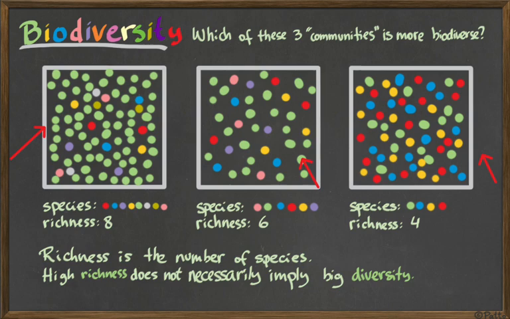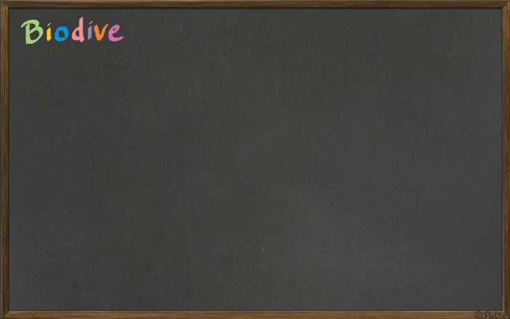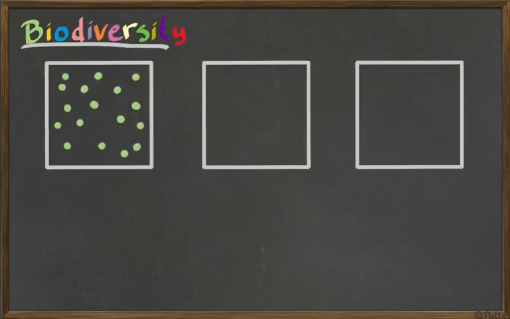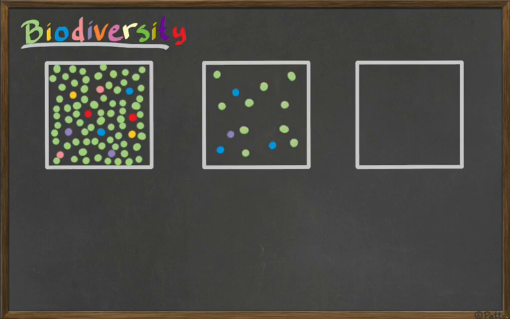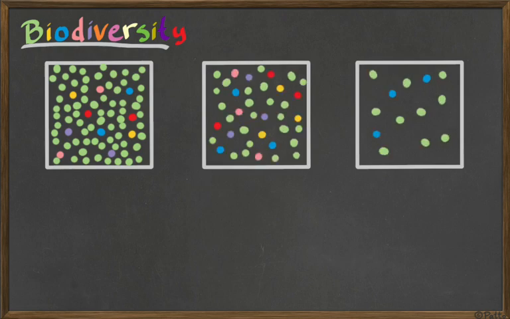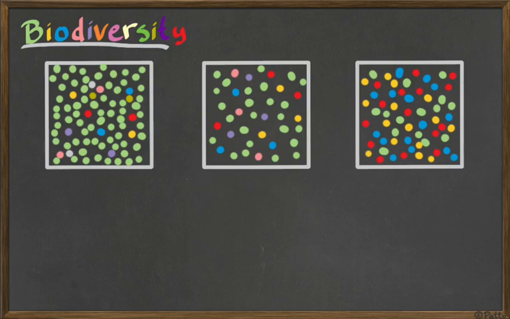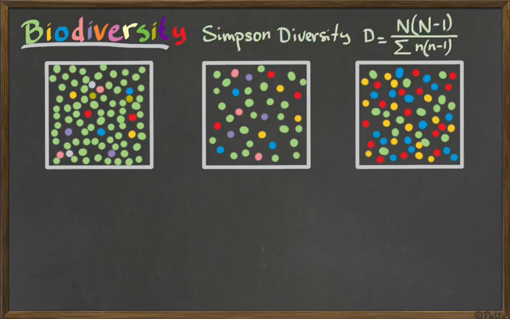So what is biodiversity? Let's get the same 3 boxes as examples, and let me show you how we can estimate the actual biodiversity. In this case, we will estimate how colorful one of these boxes is in comparison to the other. This is calculated using a formula that you need to learn called the Simpson Diversity Index.